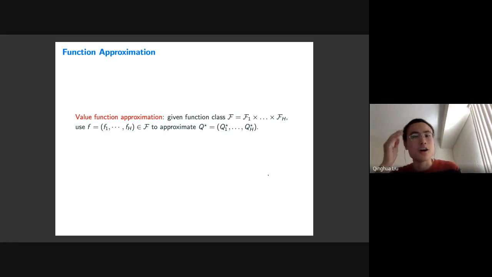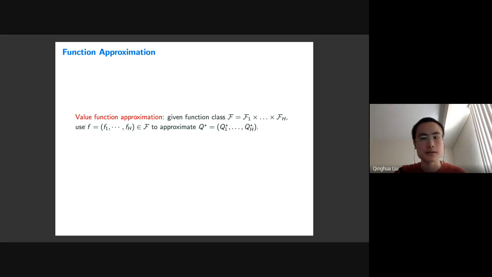In this work, we will use value function approximation. We will assume we have a function class F, which is defined as the Cartesian product of the function class at each step, F1 to F capital H. Each F1 to F capital H defines a function class over the state-action space.